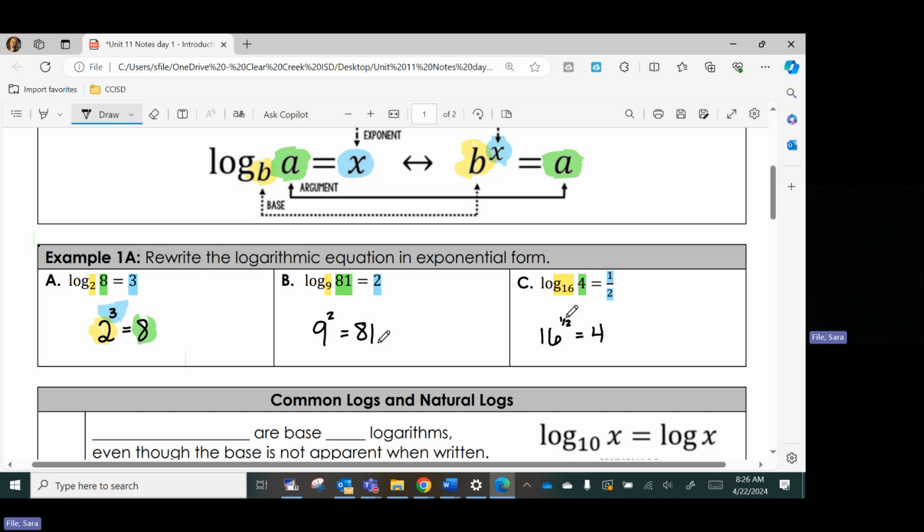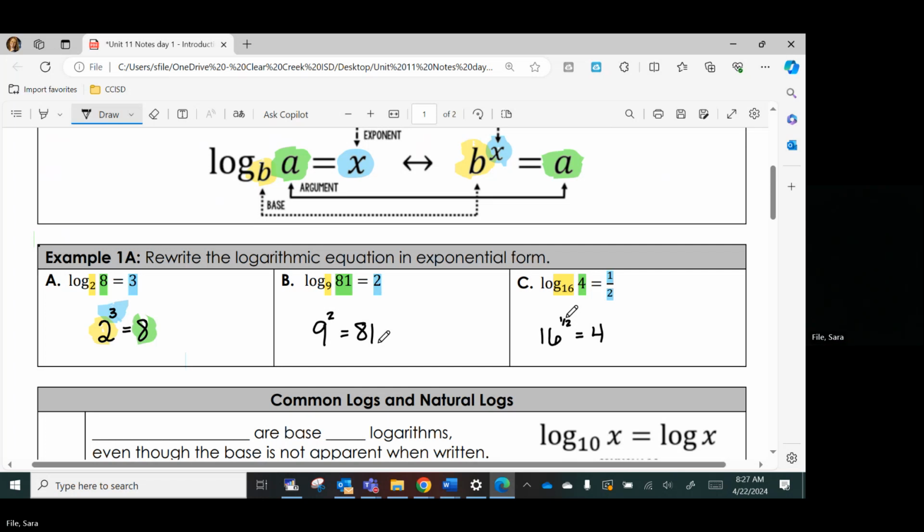Fractional exponents can be rewritten as... nobody remembers?